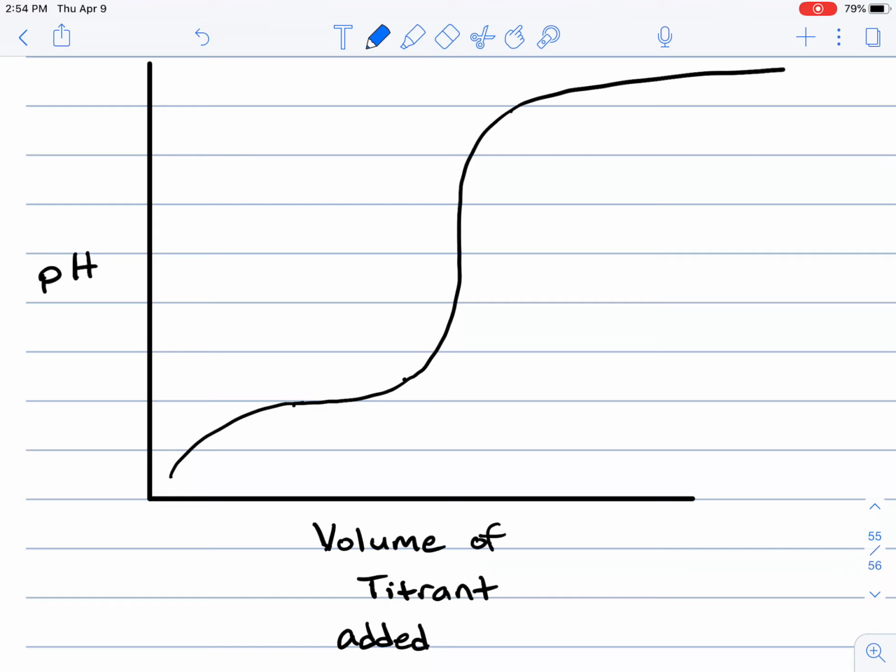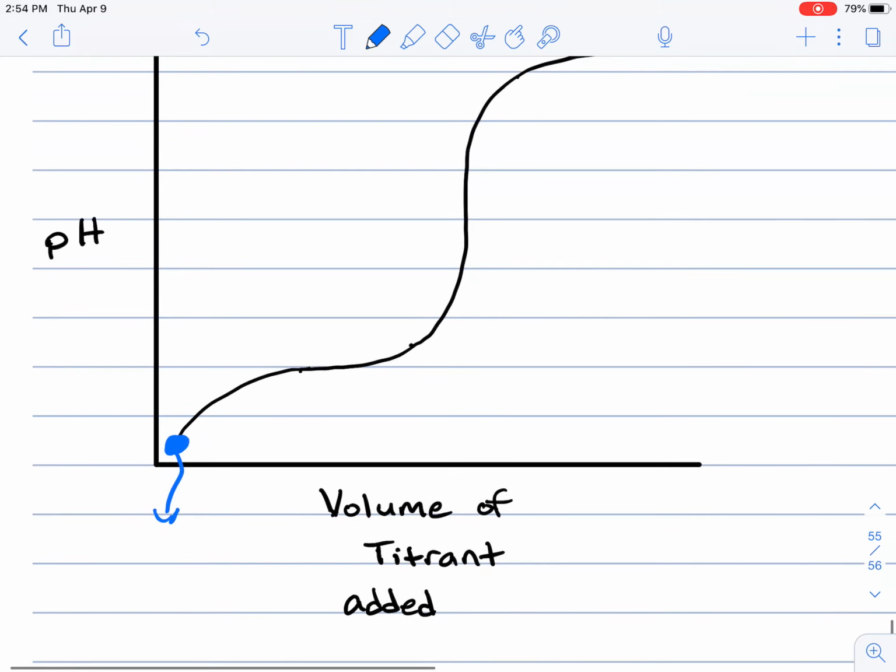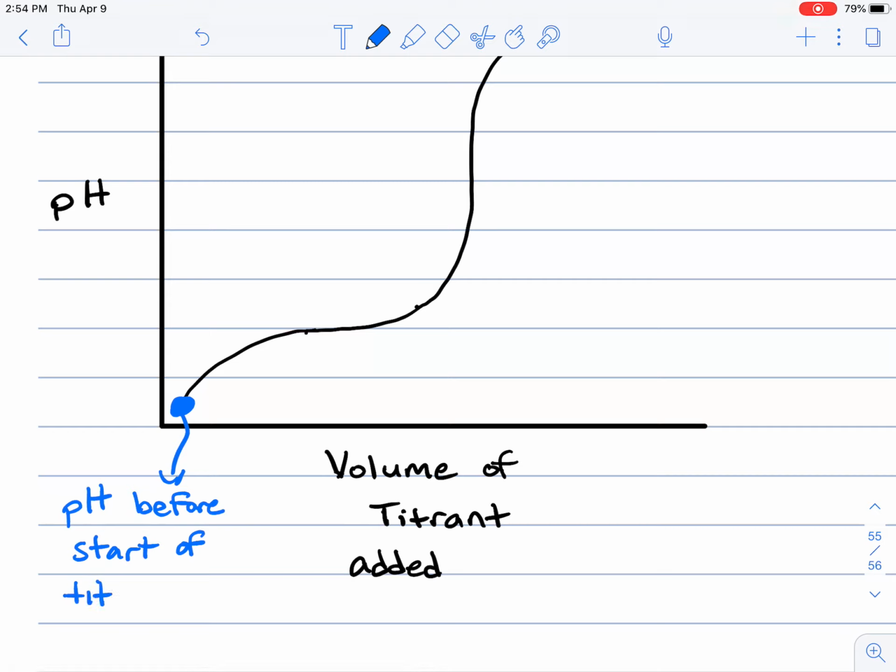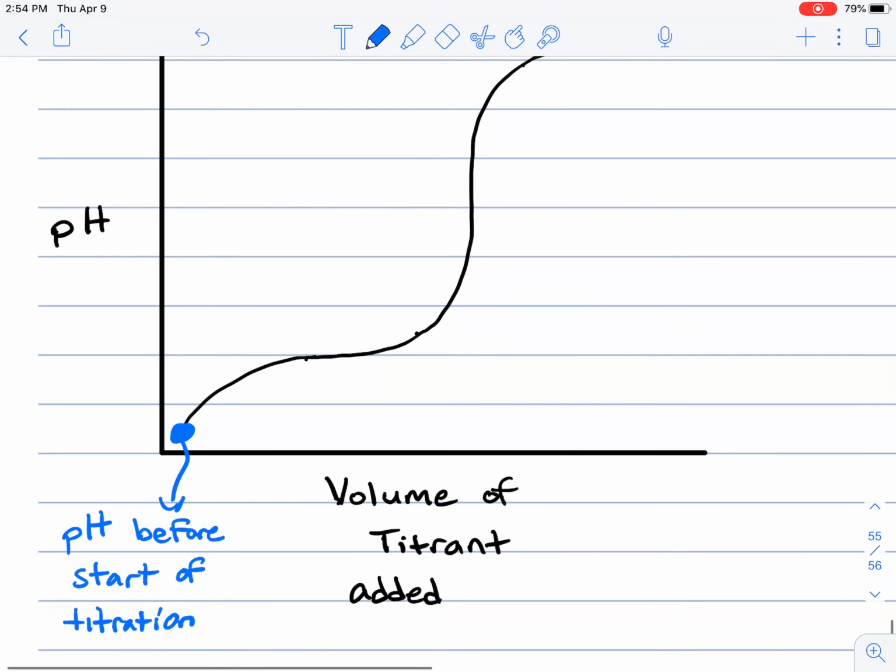And so the first point that we need to calculate is where our curve starts. And so this point in blue, we need to learn how to calculate the pH. We need to determine the pH before the start of titration. And so during the titration, somewhere here, so this is the first thing that we need to calculate.